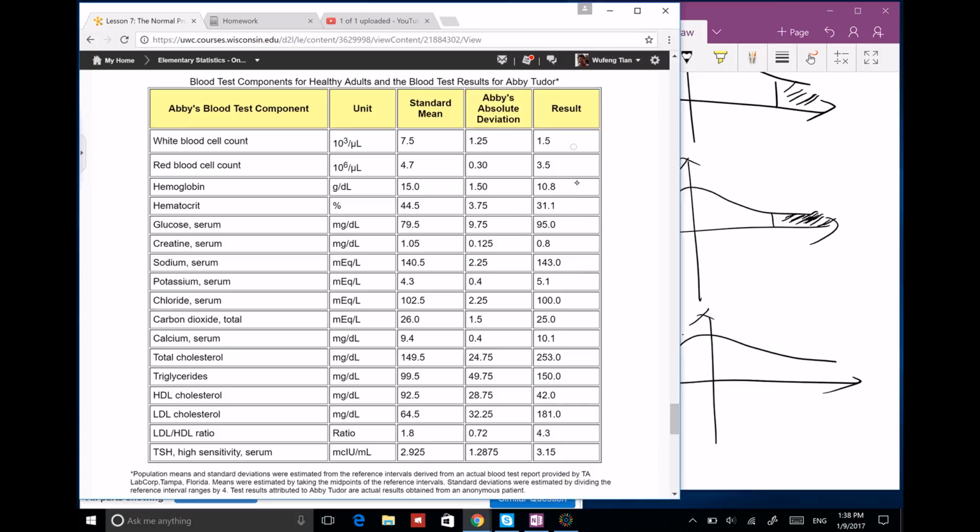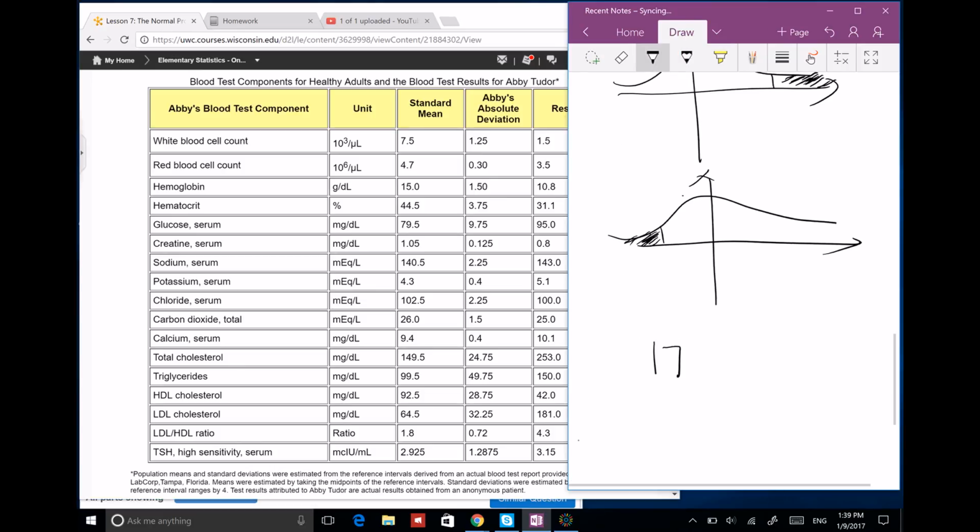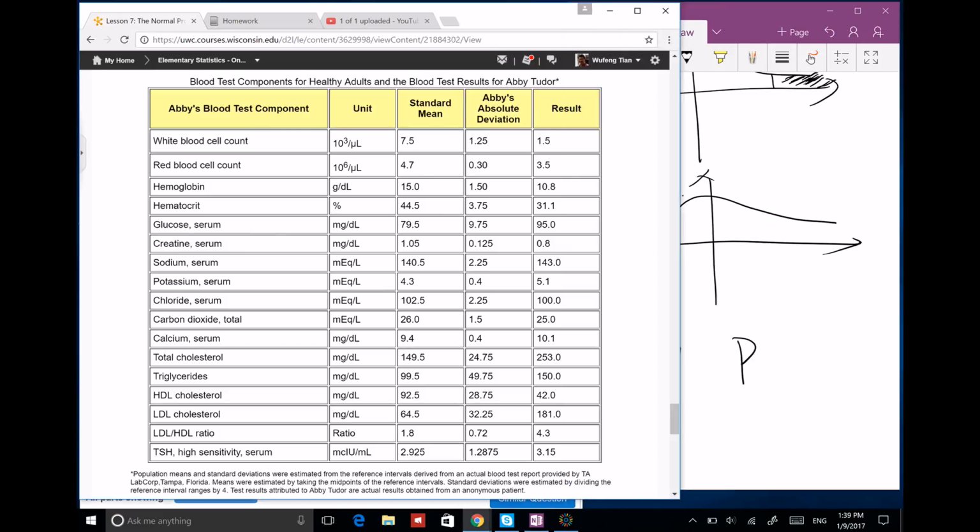So how many do we have? 1, 2, 3, up to 17. So you have to do 17 probabilities and find the ones which are very unusual for Abby. Some of them are okay, for example maybe 0.8 should be fine.